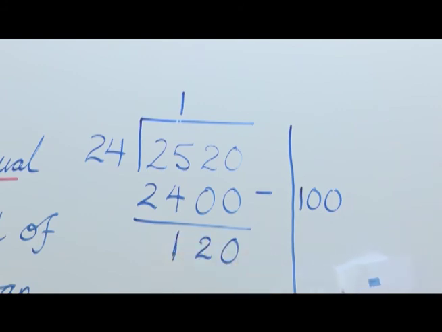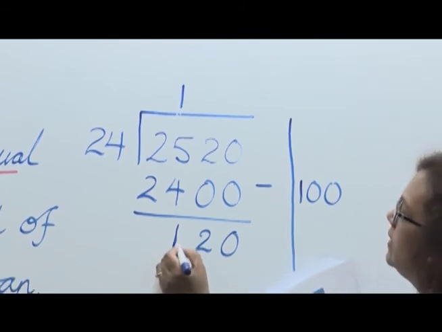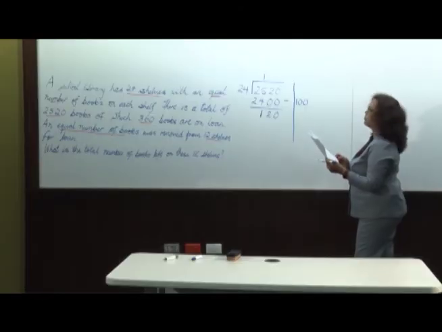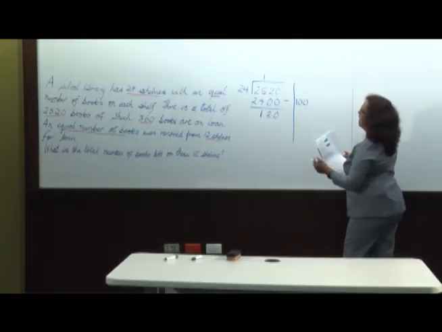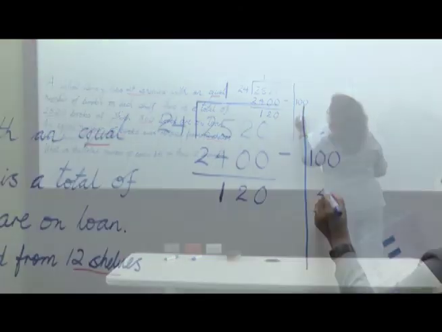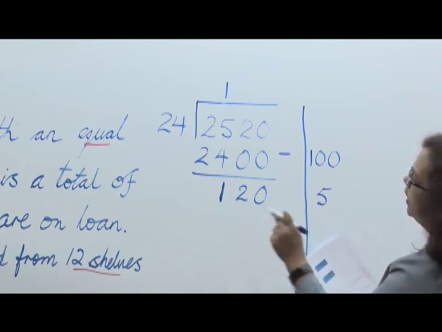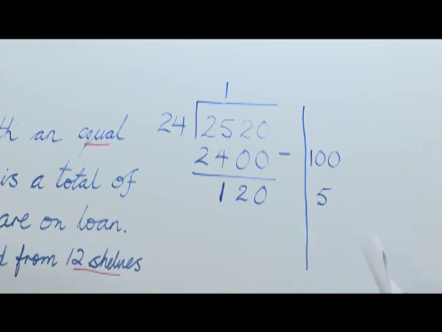I'm going to be left with 120. Can 120 be divided by 24 without any remainder? Maybe we can try the number 5. Right, so 24 times 5 will give me 120.